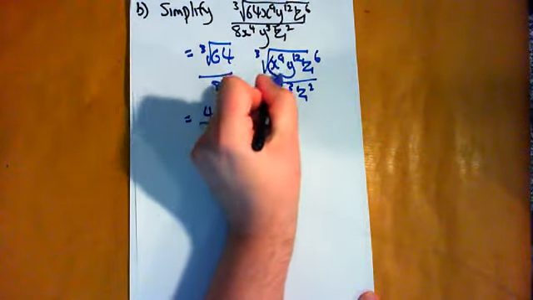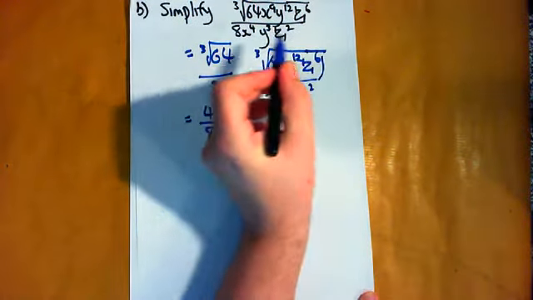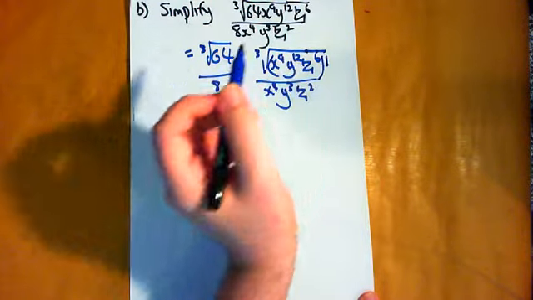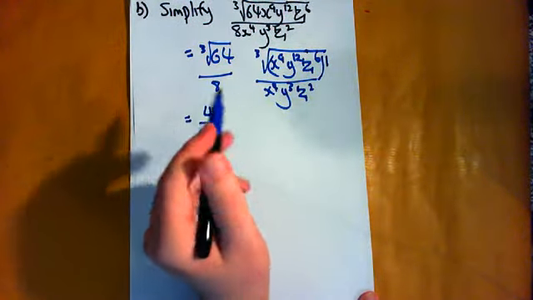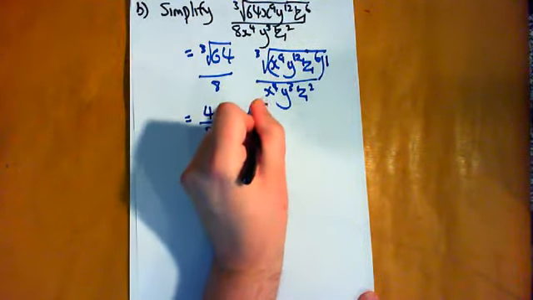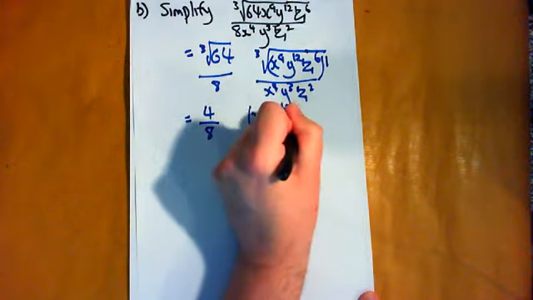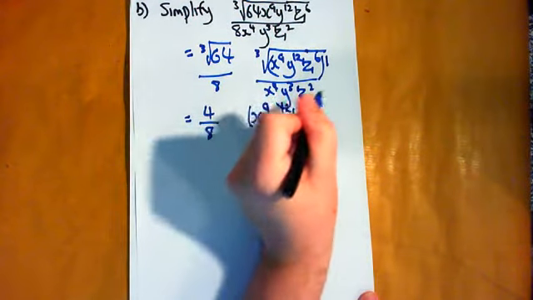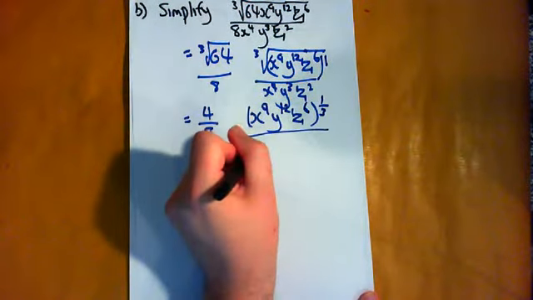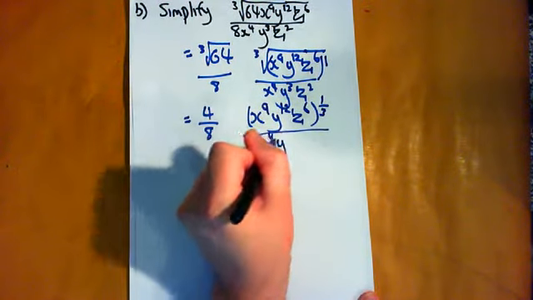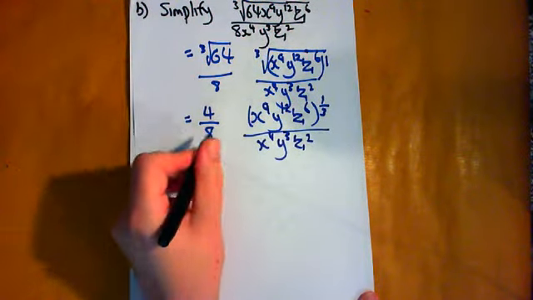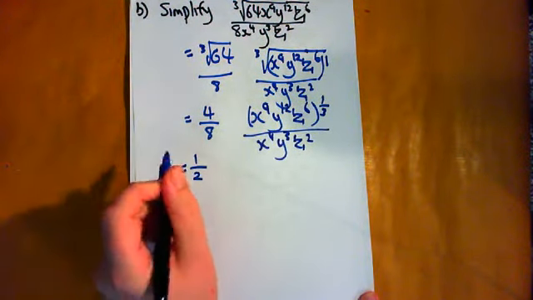And we have on this top under the cube root, can think of this as being all as one bracket to the power of 1. And we can write this as that bracket as x to the 9, y to the 12, z to the 6 to the power of 1/3. And the bottom is fine as is, x to the 4, y cubed, z squared. So 4 over 8 is a half.